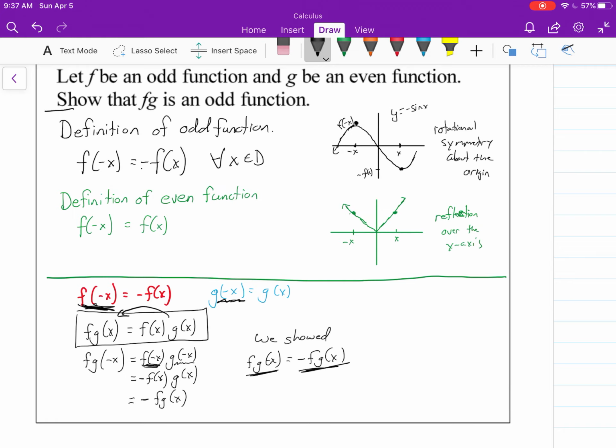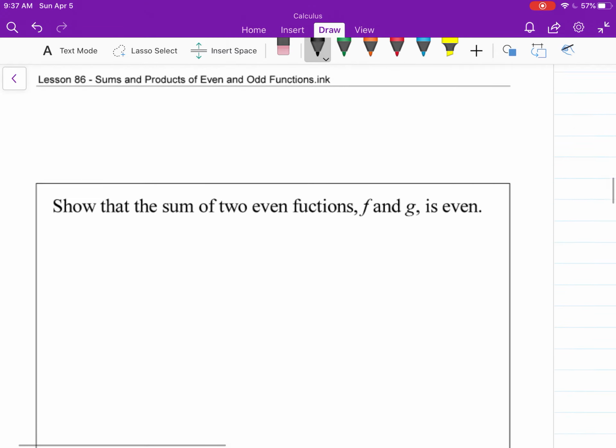That fits the idea of an odd function. So we just showed that it's odd. So f times g is odd. And that's how you'll work through these other ones that are coming up.